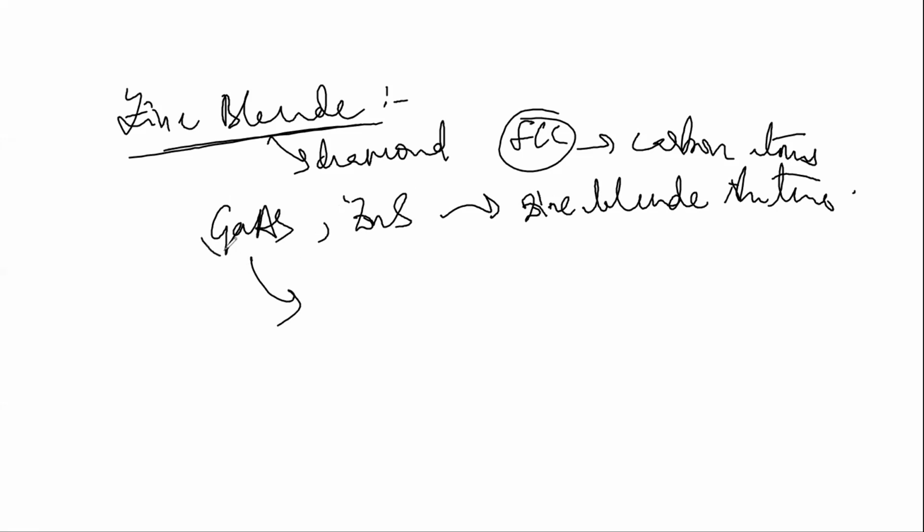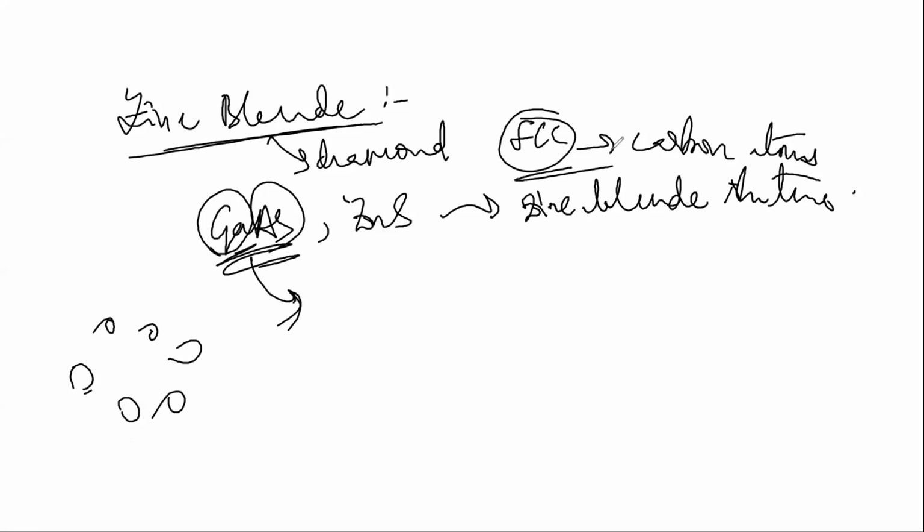I told you, in diamond we have the same atoms, carbon at each of the places. But here in zinc blend we'll have two types of different materials, yet they form the same structure as FCC, that is, two interpenetrating FCC lattices, the same structure as diamond.